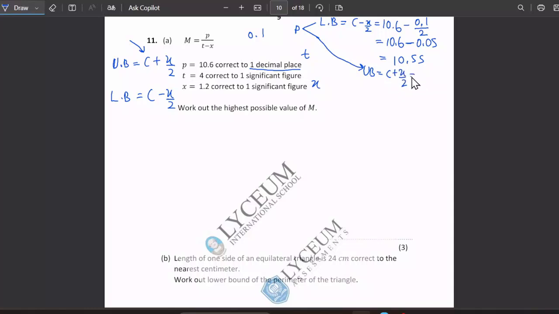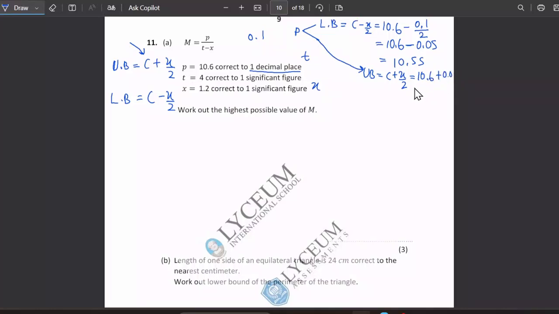So x over 2 similar, 10.6 plus 0.05. Okay, then I get 10.65. Okay, then after that, t's lower bound. Okay, then I get 4 as c.